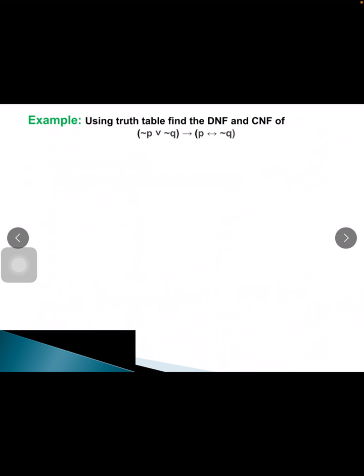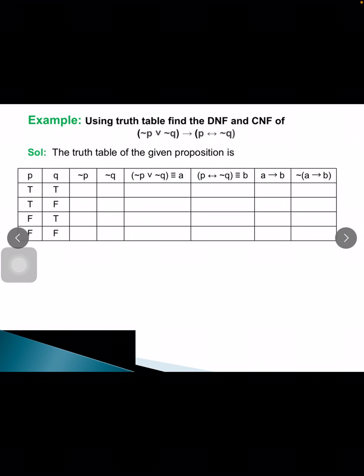Here we need to find the DNF and CNF of this expression. First we want to make the truth table for this, and after that we solve it. What will be the negation of P? False, false, true, true. Now what will be the negation of Q?